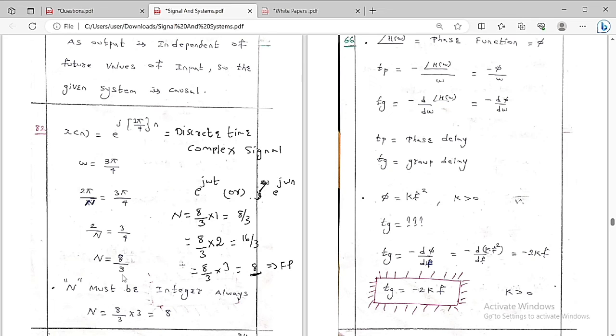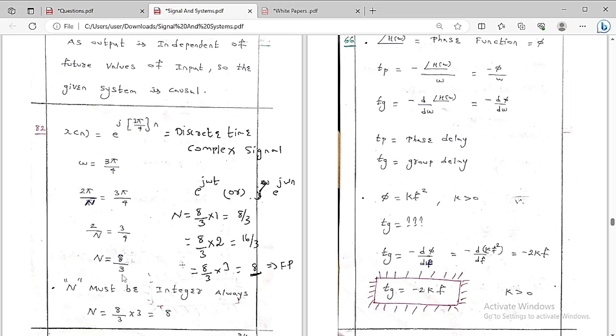Always, whatever number you get, if it is not an integer, you have to multiply by integers until you get an integer value. I have multiplied by 1, 2 and 3. Finally, after multiplying by 3, I got an integer. That is the reason this is called the fundamental period.